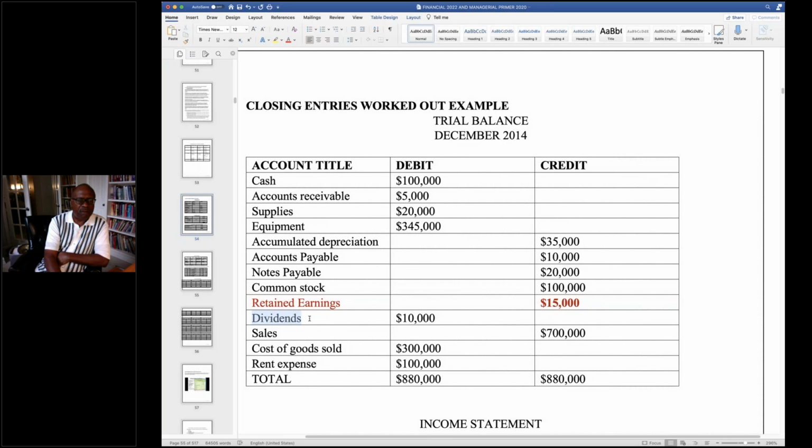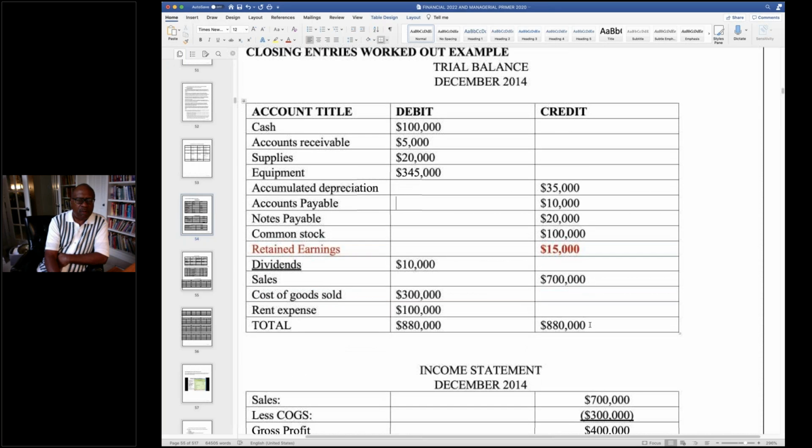And in fact, everything from dividends, below dividends, goes on the income statement. Dividends are amounts we pay to owners, so it's not an expense, but it is a distribution. And all of these are temporary accounts. So at the end of the day, we're going to close all of these accounts out. These are all temporary retained earnings accounts.